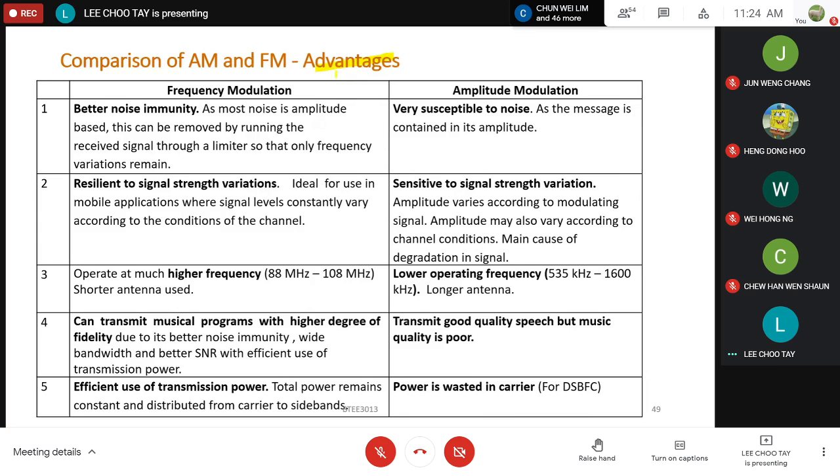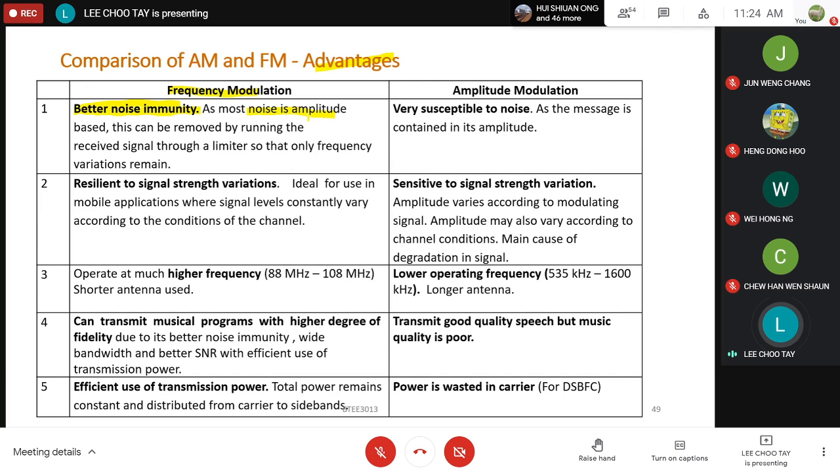As far as FM is concerned, we know that it has better immunity to noise. Why? Because our message is contained in the frequency, while most noise is amplitude based.